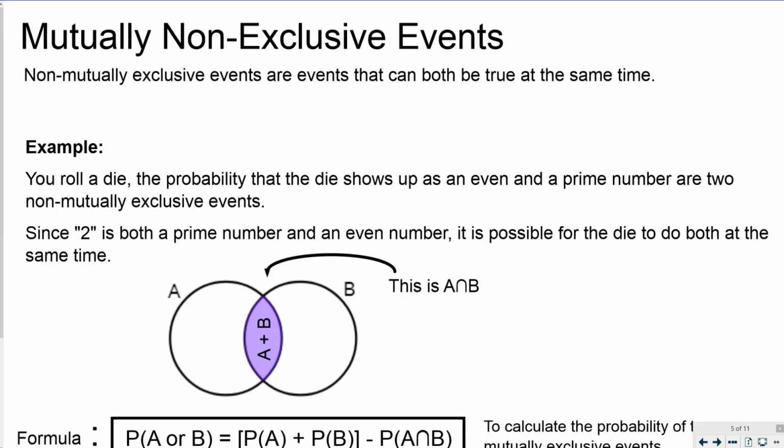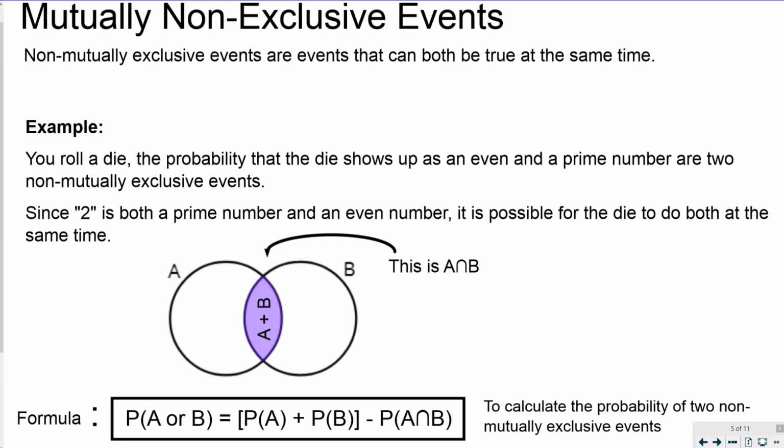If we look back to the Venn diagrams on the previous slide, the probability that we're calculating is the probability of them both happening. To calculate the probability of one or the other happening, you calculate the probability of A and B added together, but then you have to take out their overlap, because we are looking for the probability of one or the other, but not both.